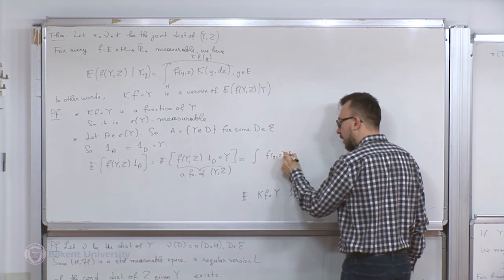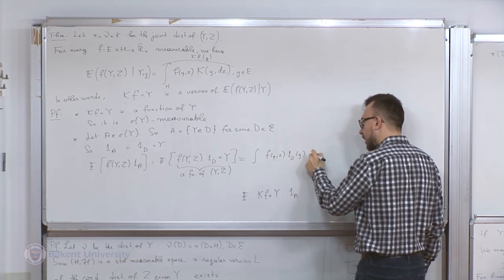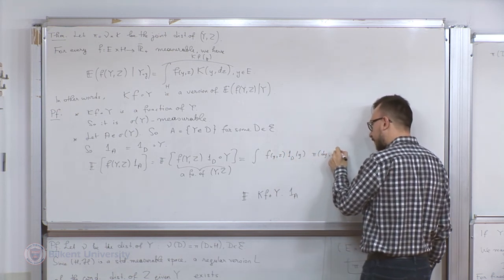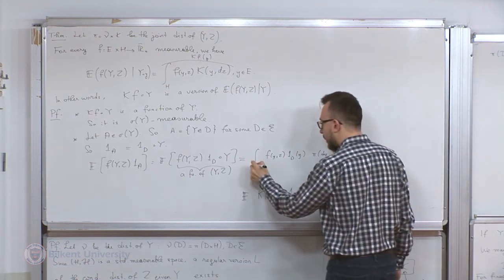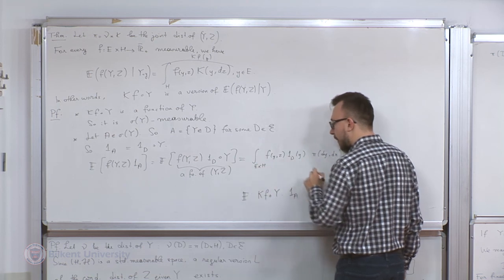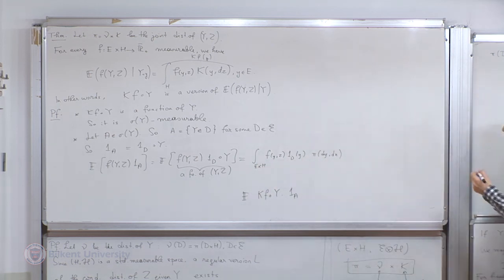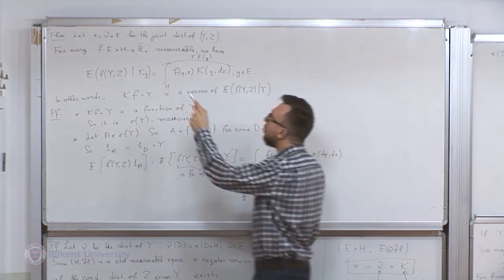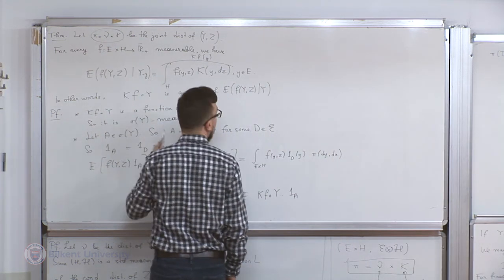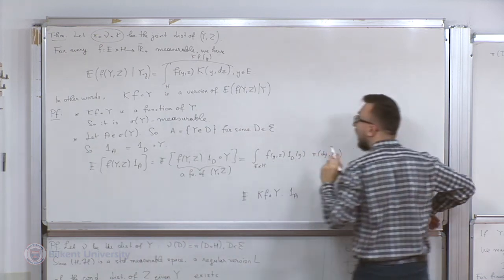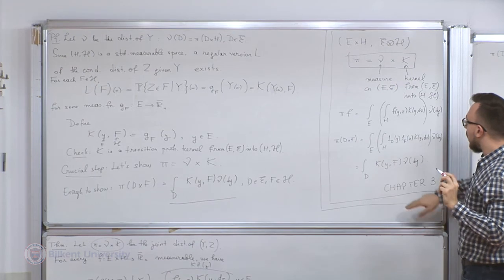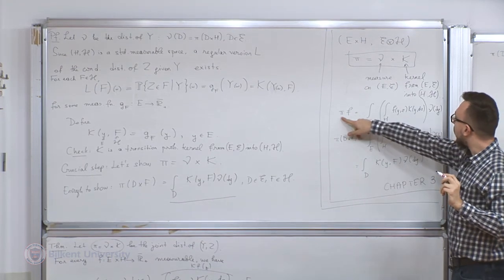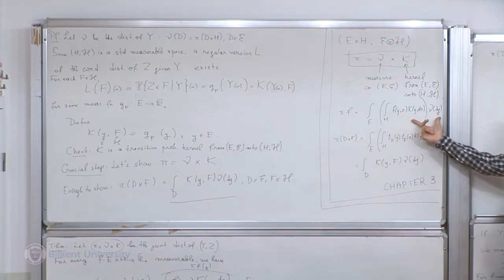The integral of f(y, z) times indicator D of y, with respect to the joint distribution. Okay, so it's an integral over the product space. But if this is the joint distribution, and we have the disintegration of that, we can use it, right? So if pi has this kind of a disintegration, we can integrate a function with respect to pi by this formula, right?